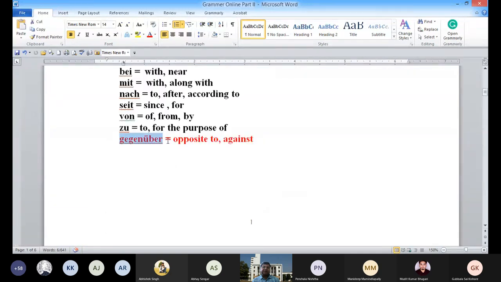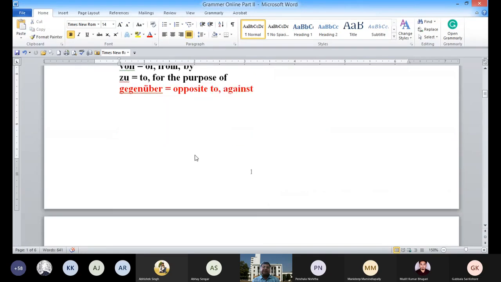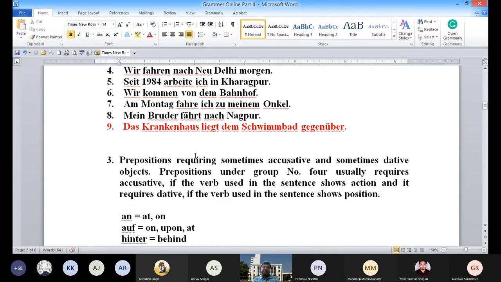Okay. And the last one is gegenüber. This is used just like a postposition, meaning it comes after the noun. Like, Das Krankenhaus liegt dem Schwimmbad gegenüber. It means the hospital lies, is located, is situated opposite to the swimming pool. Schwimmbad is swimming pool. So this gegenüber, we are not putting in the beginning, before the noun, but after the noun.